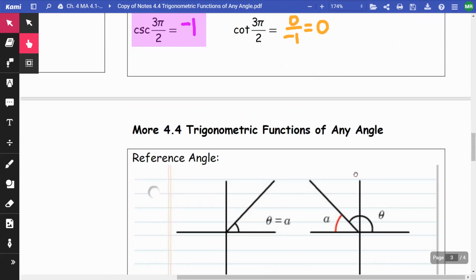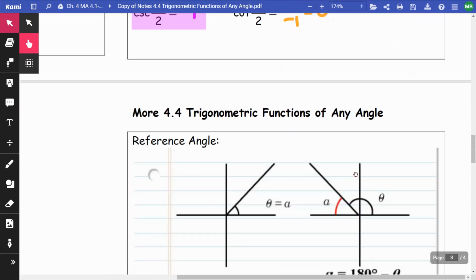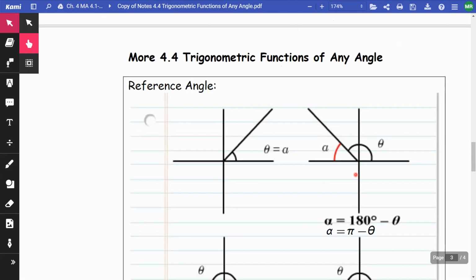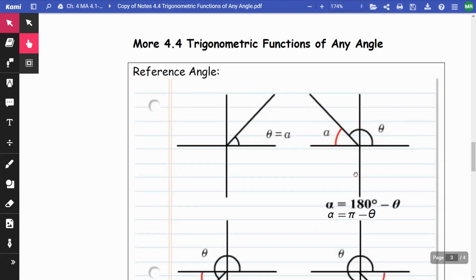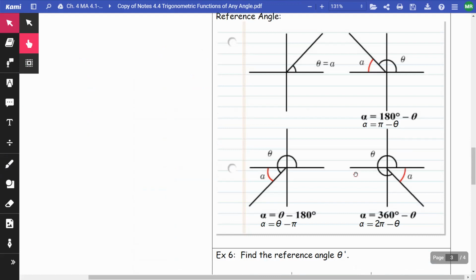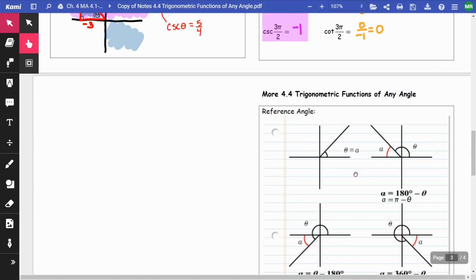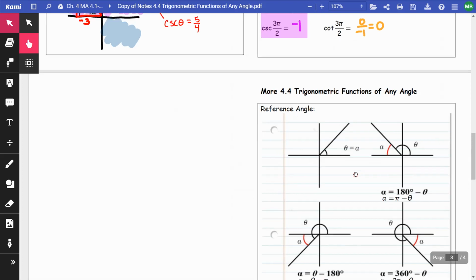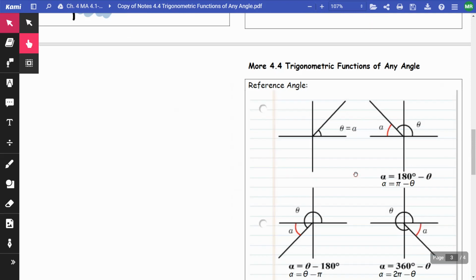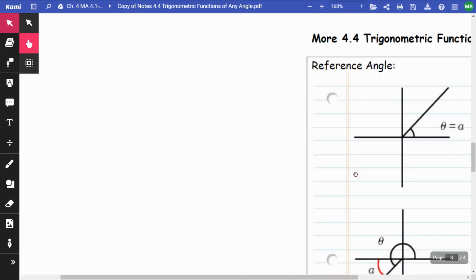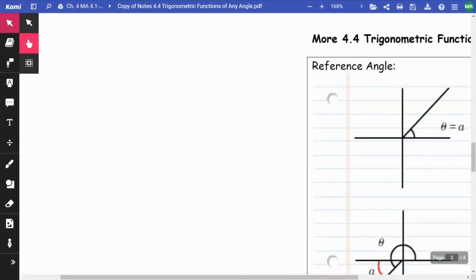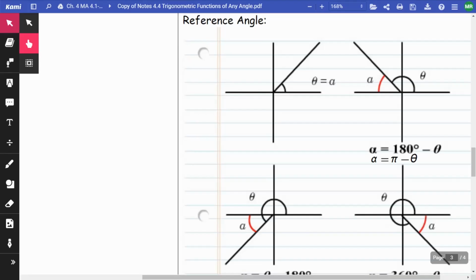So the next section, we're going to be talking about reference angles. And we've dealt with reference angles before. Now, what we are seeing here is that these reference angles are going to be dealt with in terms of both radians and degrees.